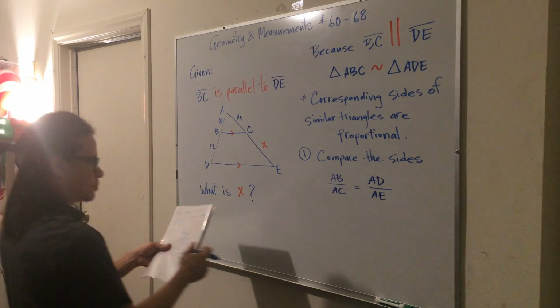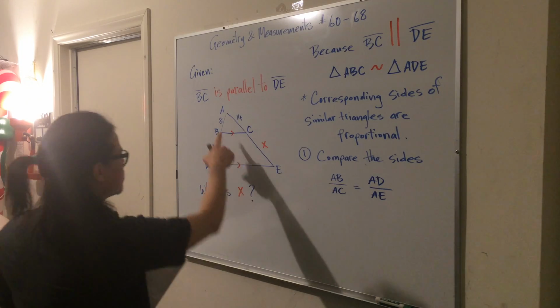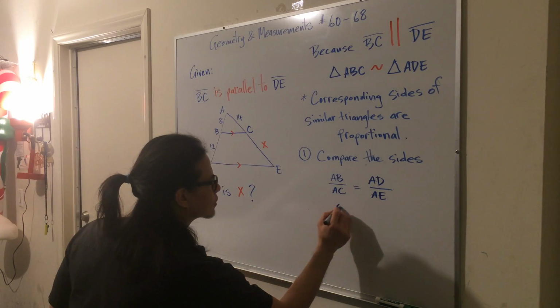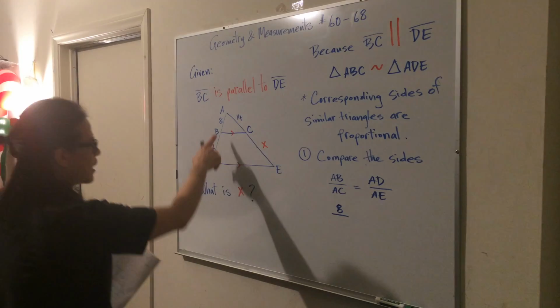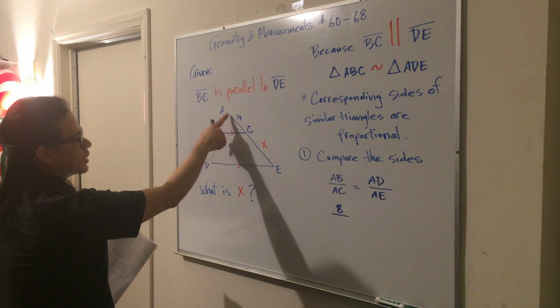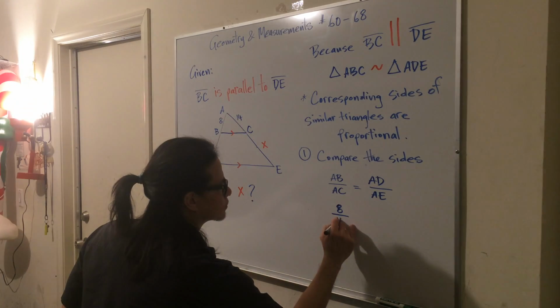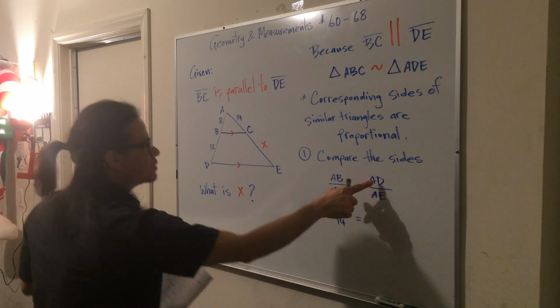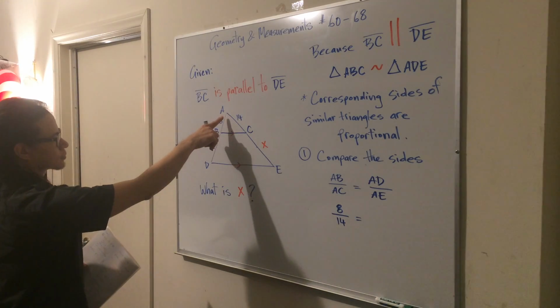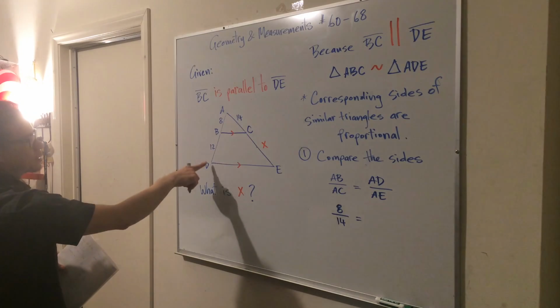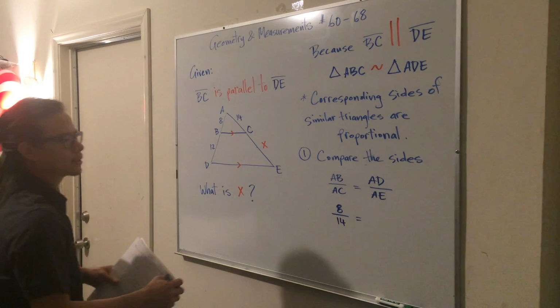Okay, so let's plug in the numbers. AB we know is 8. AC is 14. So what is AD? It is 8 plus 12.